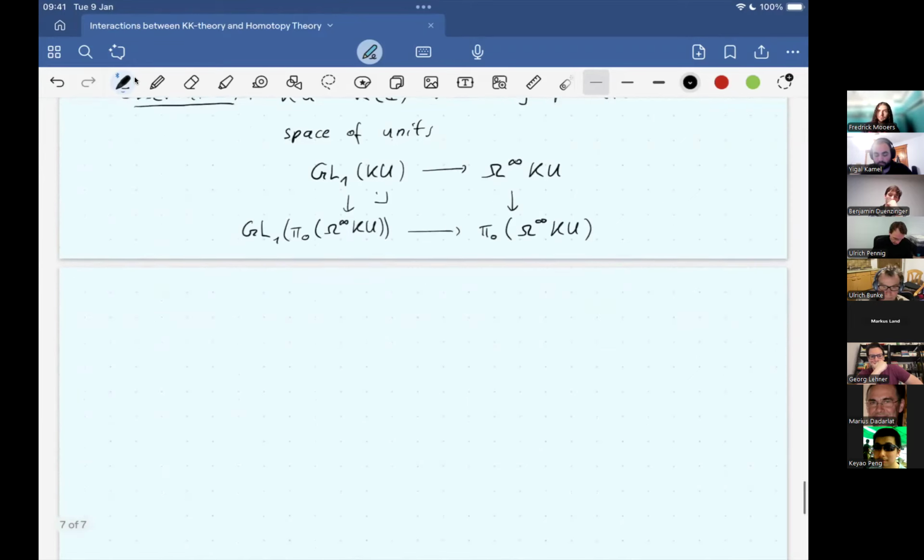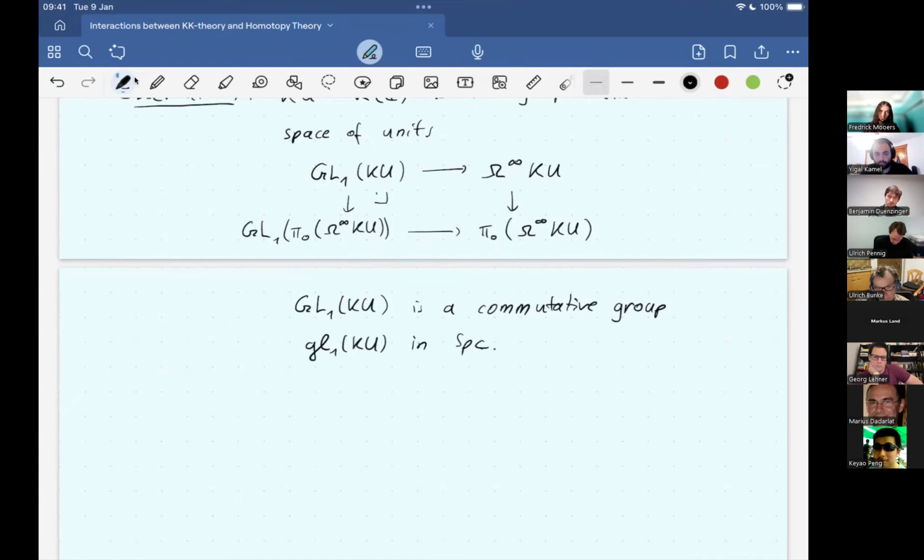And it turns out that in the case of K theory, this is actually a commutative group, GL1 of KU in spaces. A commutative group in spaces is just a connective spectrum.